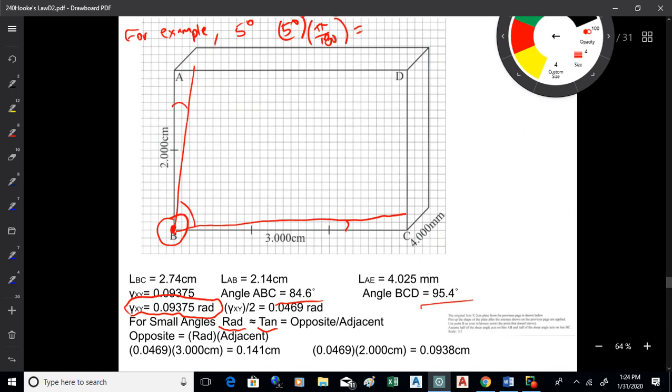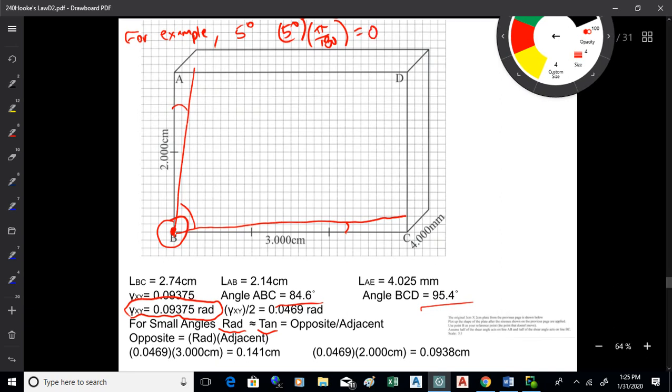If I convert that into radians, let's see how many radians that is. 5 times pi divided by 180 is 0.0873 radians.